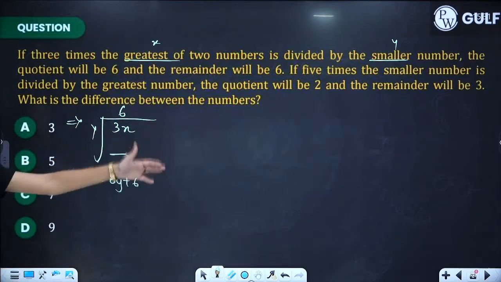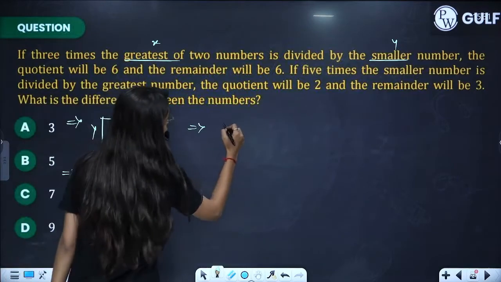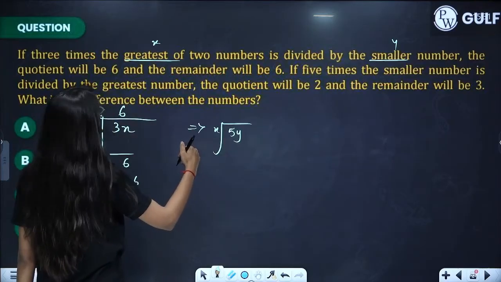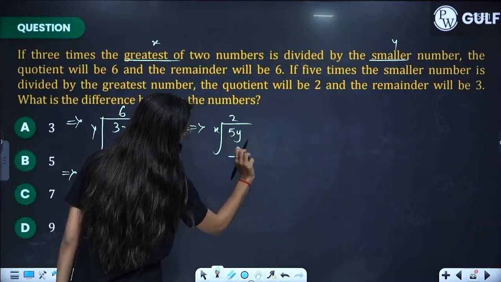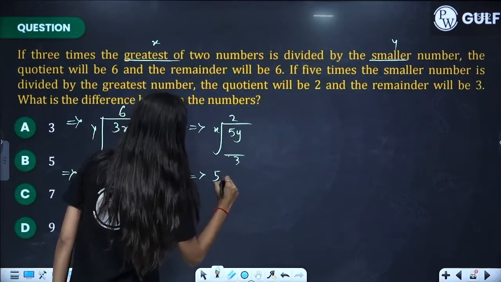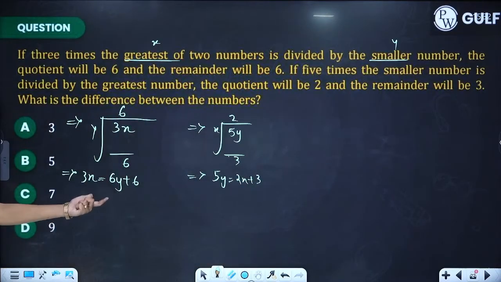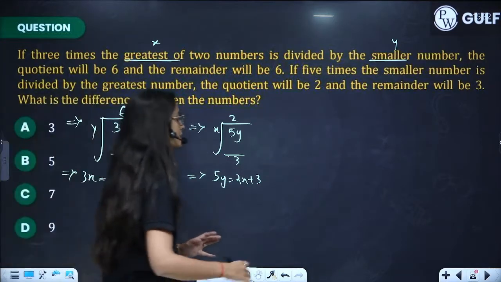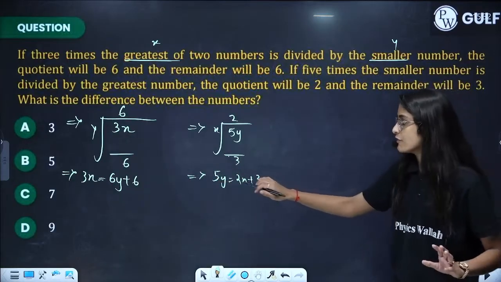Okay, similarly I will repeat the same thing for the second case as well. So 5 times the smaller number, when it's divided by the greater number, the quotient will be 2 and the remainder will be 3. Okay, so my other equation becomes 5y is equal to 2x plus 3. By solving these equations, I'll be obtaining the difference between the two numbers, that is x and y. If you want to take the equations in the general form, you're free to do so.